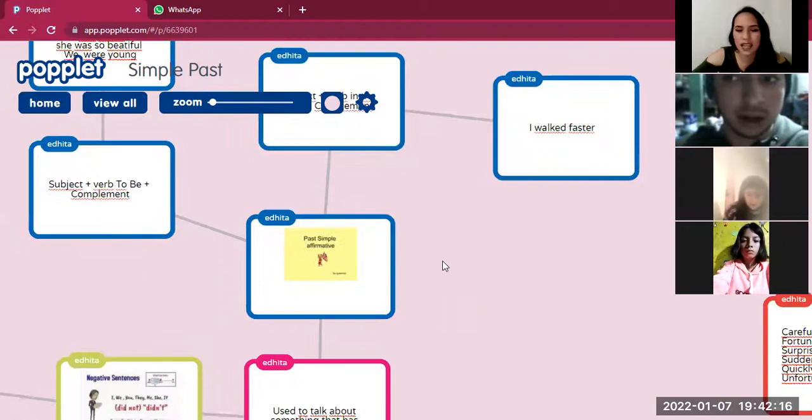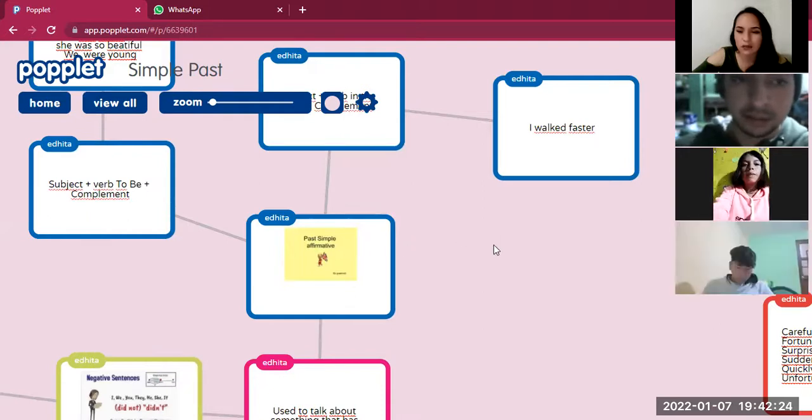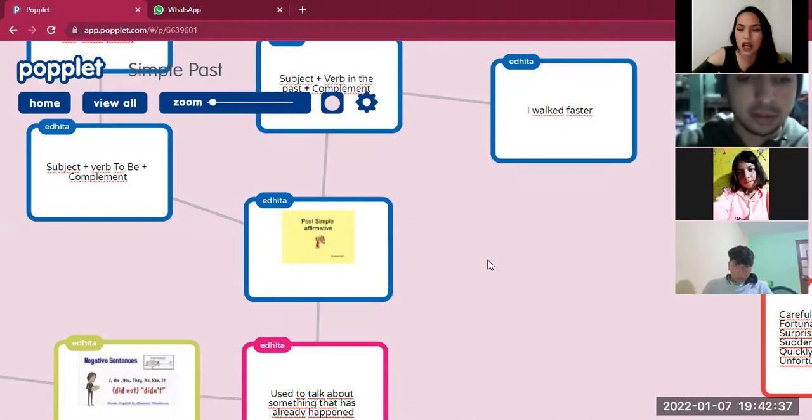Okay, Diana, could you share with us an example of affirmative sentences? I looked at the forest. Pedro drove fast. Yes, I walked in the forest. Yes, it's perfectly correct.